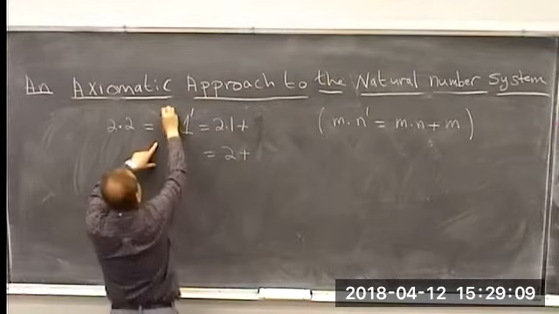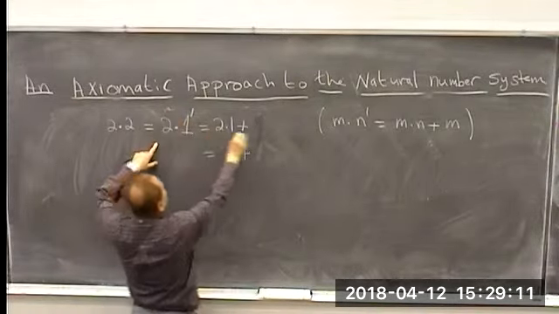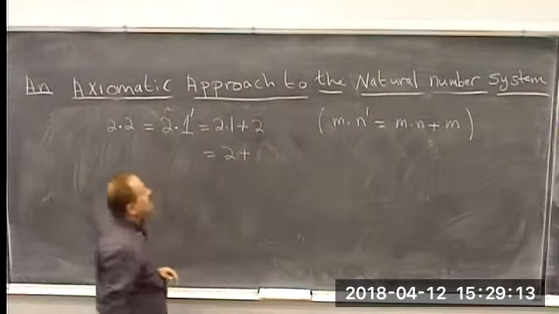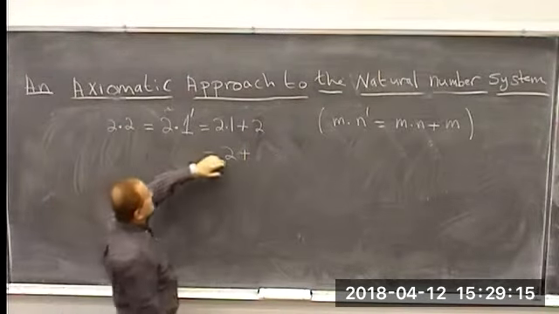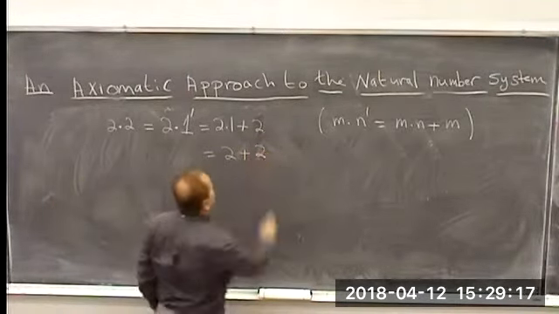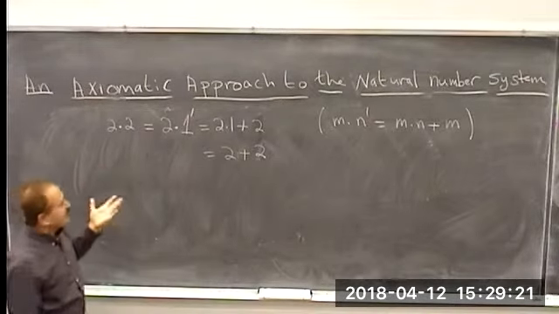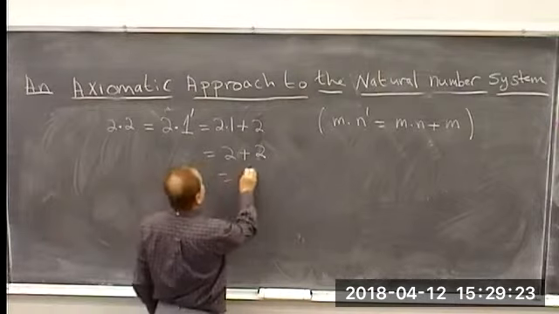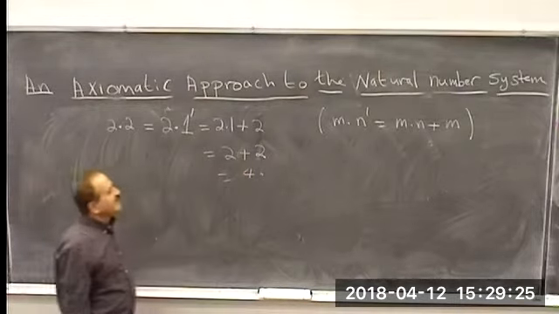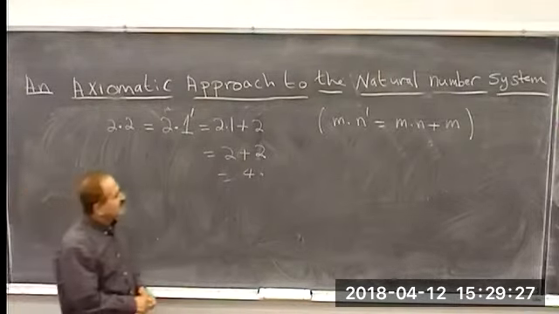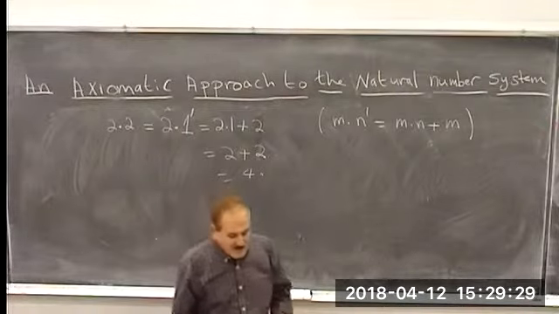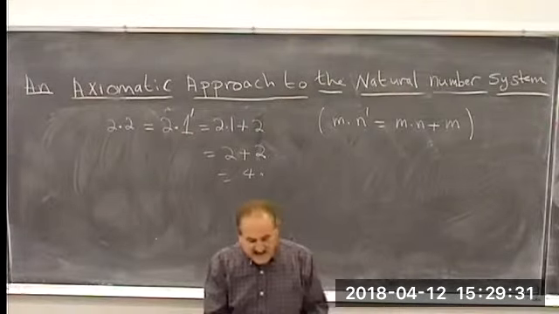So this is the m, and this is the n prime. So this is 2 plus 2. And then now we go to the way we did add the 2's. Okay, and we know this is equal to 4. So we're going to end this. We don't want to go forever on this. All right. So I hope you could see that.